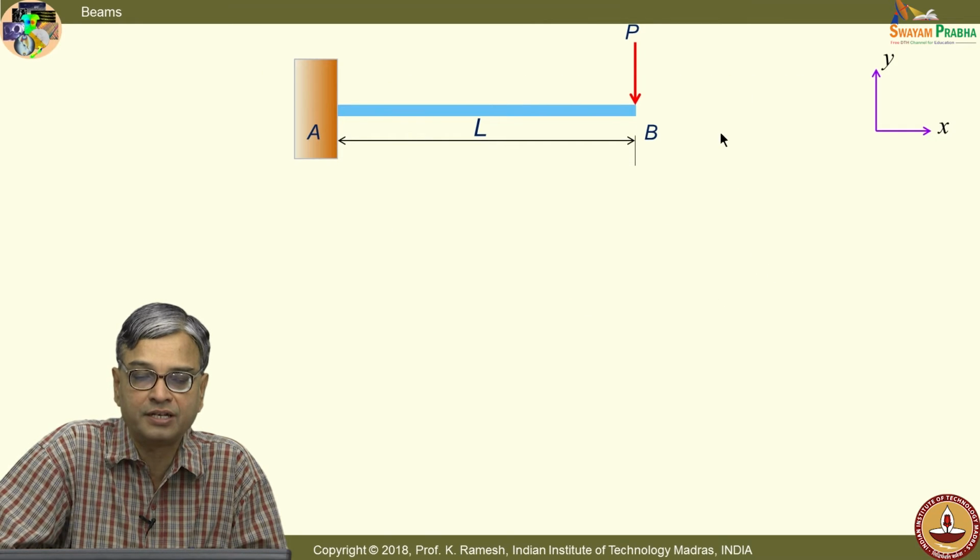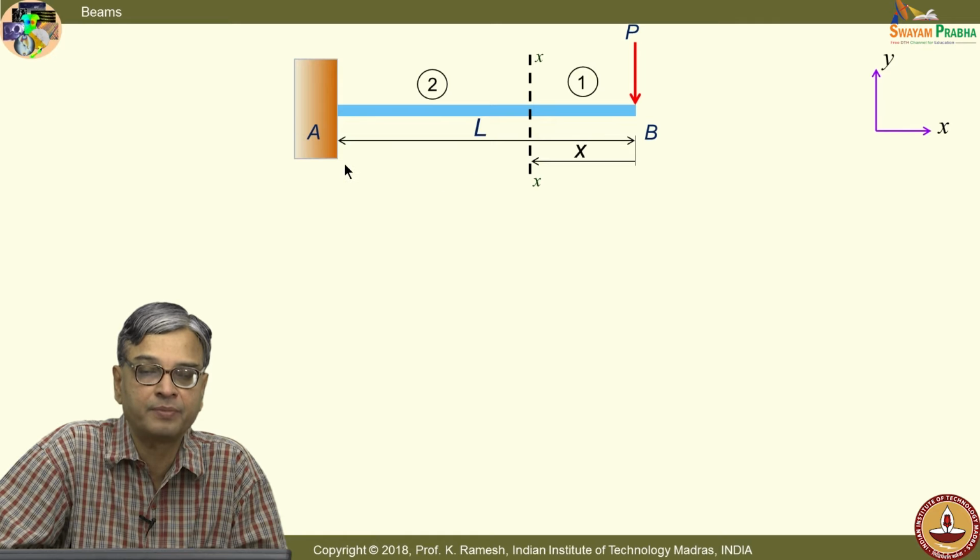I have the cantilever represented here and I have put the reference axes x and y, and I have to get the variation of shear force and bending moment along the length of the beam. I have a complete choice. I could take portion 1 and solve the problem, or I can take portion 2 and solve the problem.